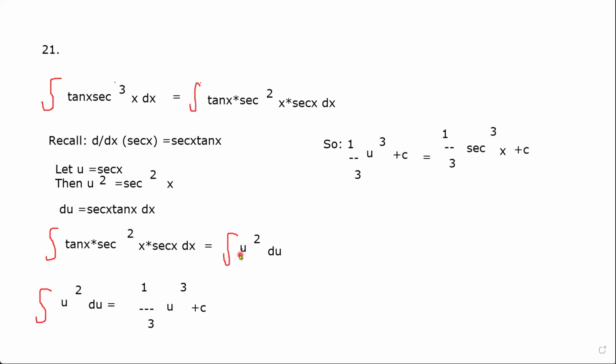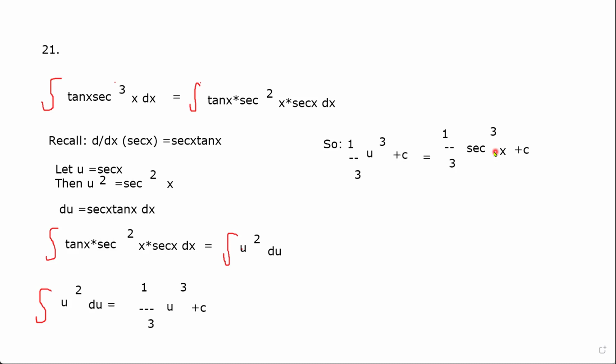So this essentially is the integral of u squared du, where u is the secant. And then I have, of course, 1/3 u cubed plus a constant. Don't forget my integration constant. And so this problem resolves into 1/3 secant cubed x plus a constant. Okay, that's the first one.